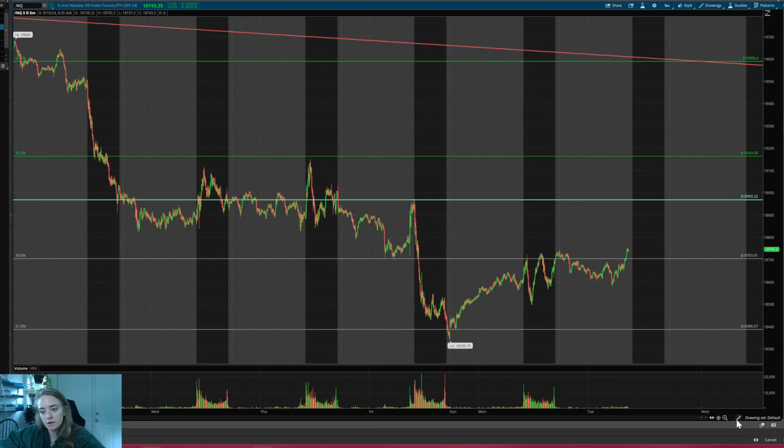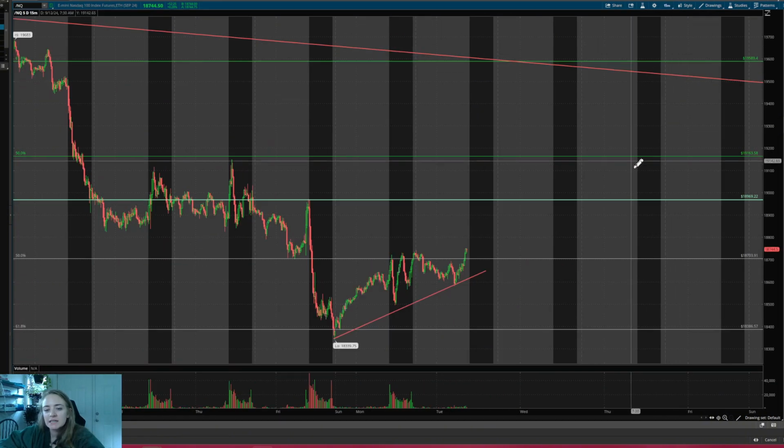Now if we remove this drawing, and we come up here, you can see we've kind of already broken that trend. Again, this is where these trend lines have been kind of ugly. And this is a trend line. We can use this as a trend line. I'm going to move to the 15. Let's just see if we can get anything cleaner.